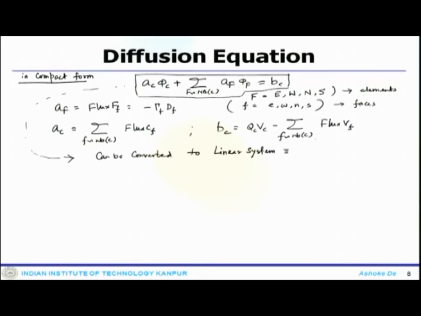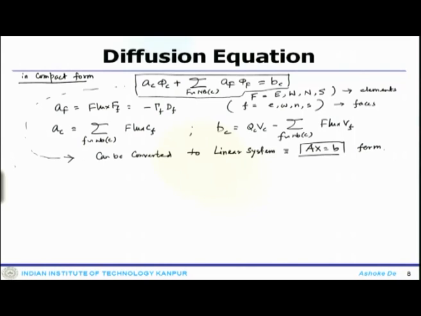That means we can write Ax equals to B in this form, and once you write in Ax equals to B form, you use your linear solver to get the solution.